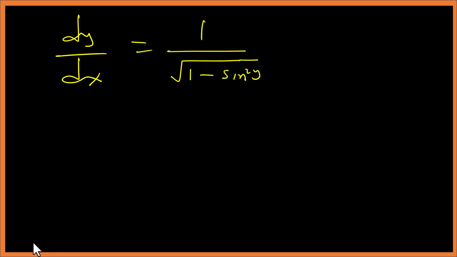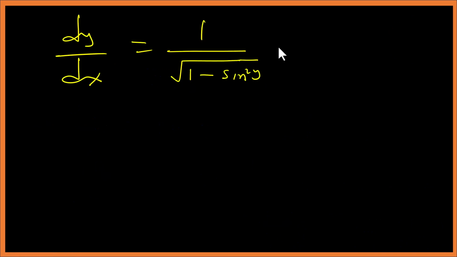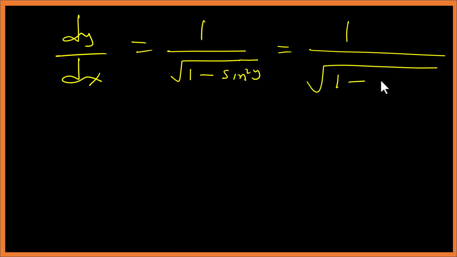Okay, and what is sine y? Sine y is x, so we can do that. From here we can write this one as 1 on square root of 1 minus sine y squared, which is the same as this.